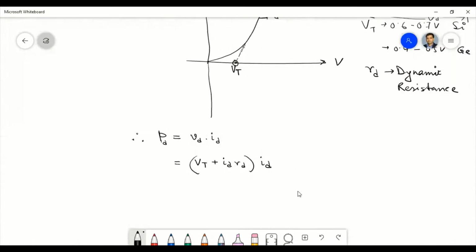Now, if that is the instantaneous power, what will be the average power?